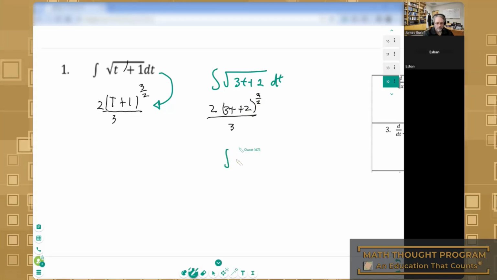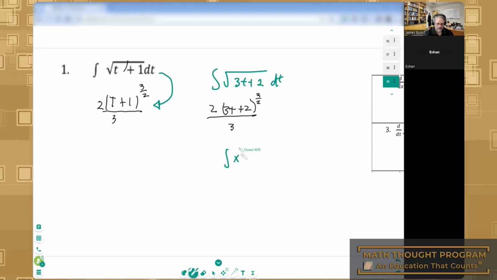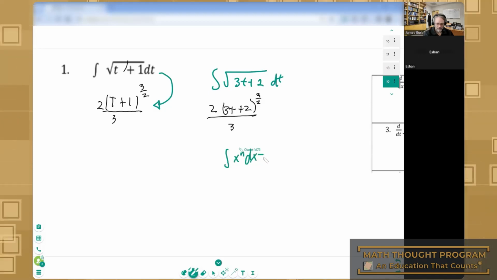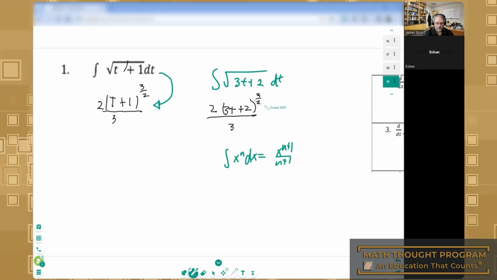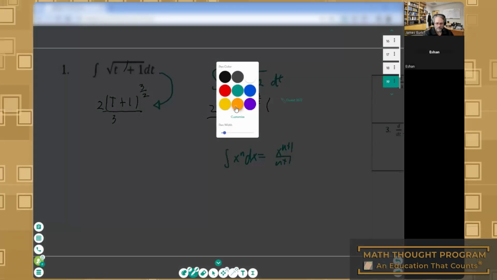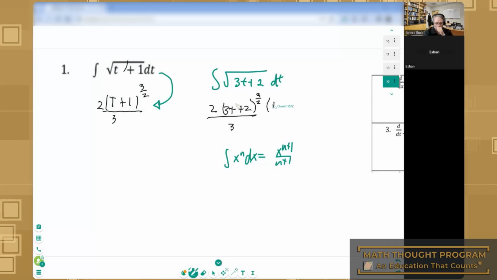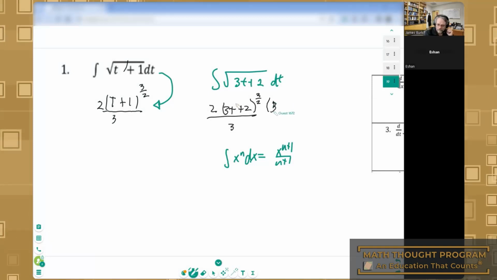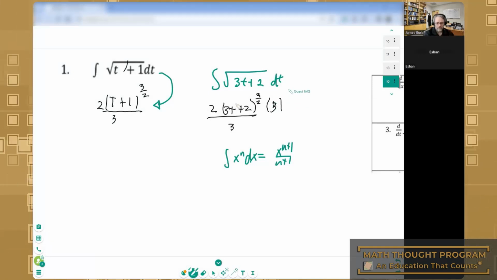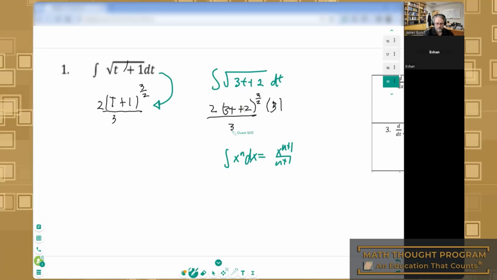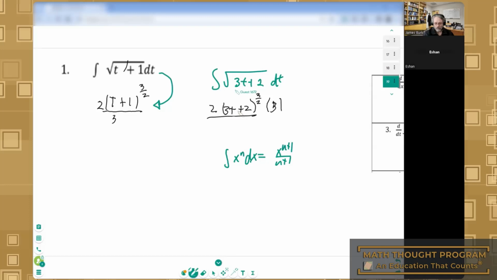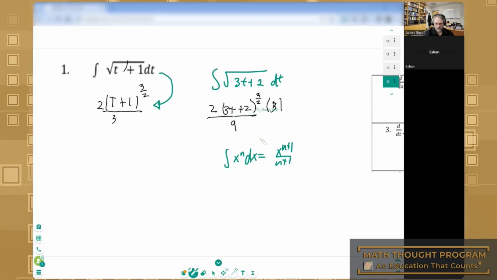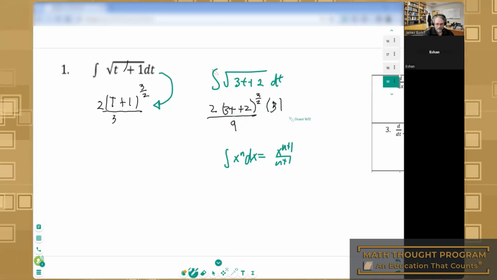So the power rule states we have x to a power and then dx. You're going to take the power, crank it up, and divide by it. So this would be multiplied by t. No, not t cubed. So then I have to make this 9 down here. Well, not really. So here's the thing.